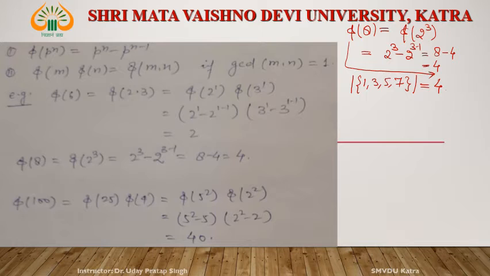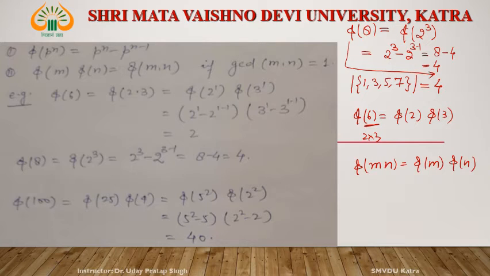What is phi of 6? Phi of 6 is equal to phi of 2 times phi of 3. Meaning, what is 6? 6 is 2 into 3. Right? See the formula. Phi of m into n is equal to phi m times phi n, if the GCD of m and n is equal to 1.